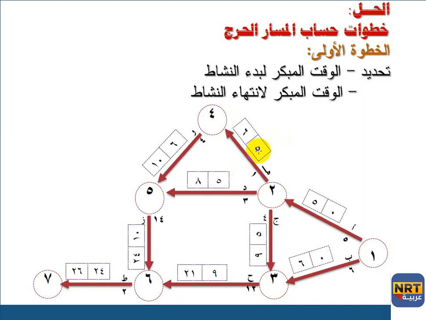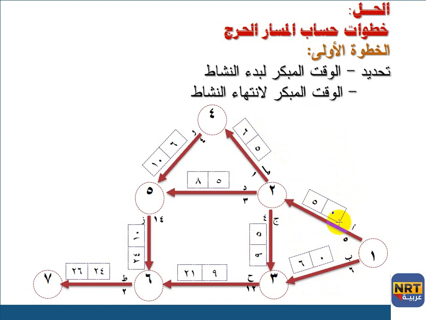يعني هنا مع كل نشاط. Here, with each activity, there's an early time for the activity start. يعني هنا مع كل فعالية أو مع كل نشاط هناك وقت بدء ووقت إنجاز.